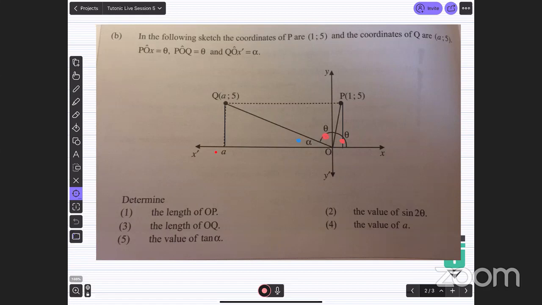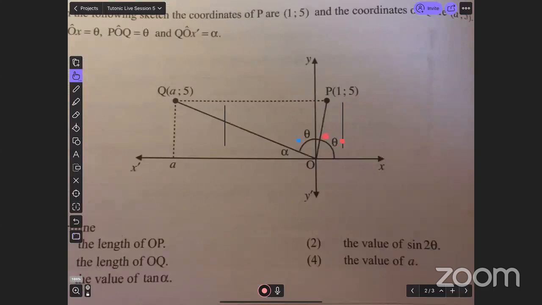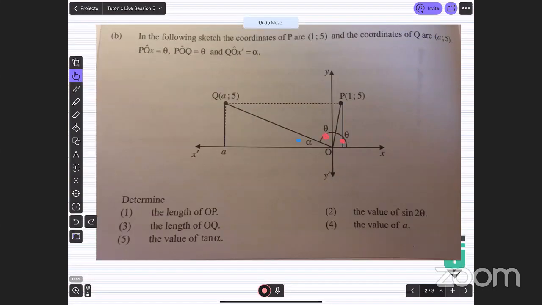How can we work out OP? Nafisa, what do you think? I know you asked the question. How do you think we can work out OP? The distance formula? Sure. And how did you know you can use distance formula?